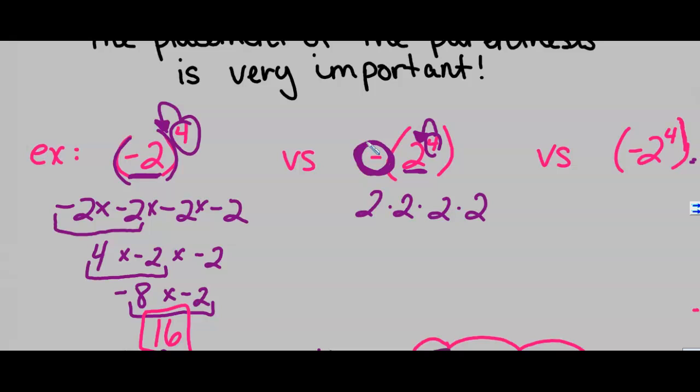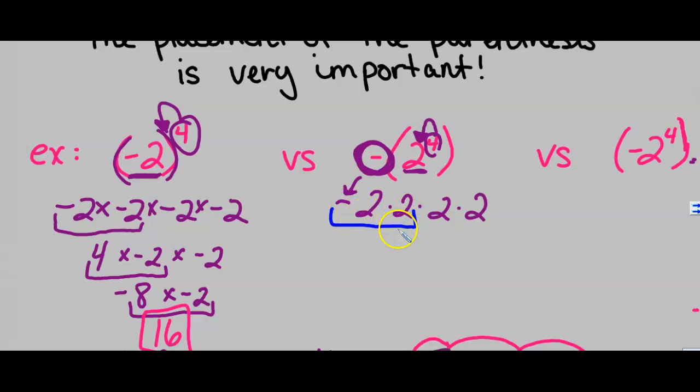So what happens with this guy? He just kind of falls down. He tags along for the ride, okay? He's right here. So everything else kind of just falls down. So now we have negative 2 times 2 times 2 times 2. Two numbers at a time.